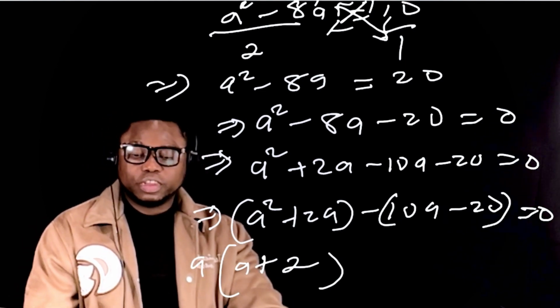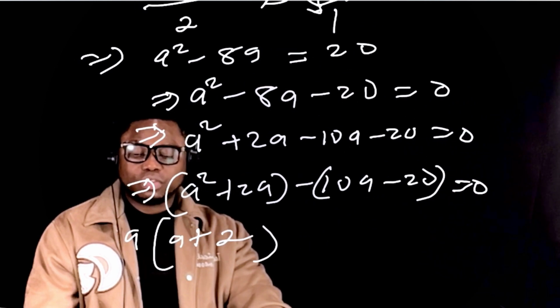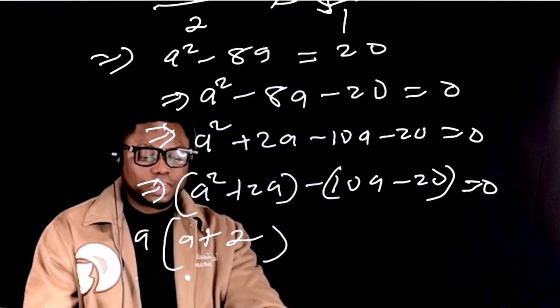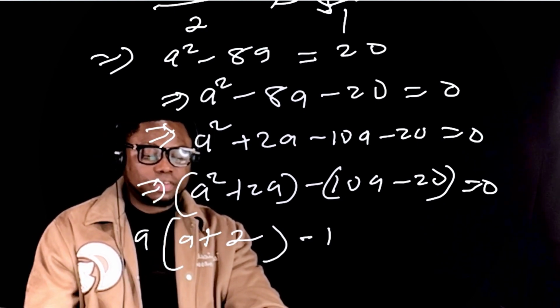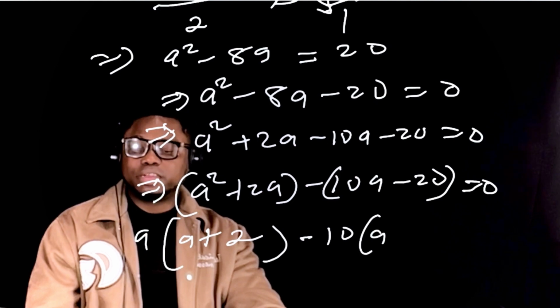I'm going to do the same in the second bracket and bring out the common factor. What is the common factor there? It is 10. I bring out minus 10, because 10a divided by 10 gives me a, since 10 times a gives me back 10a.